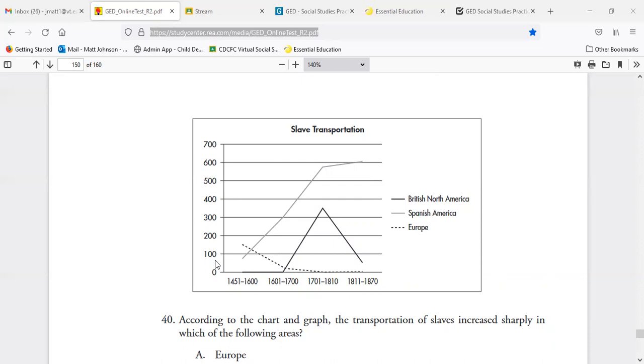We see with Spanish America, it just continued going up, whereas it peaked for British North America in that 1701 to 1810 period, and then Europe, more generally, declined fairly quickly. It started early and then it declined really quickly.